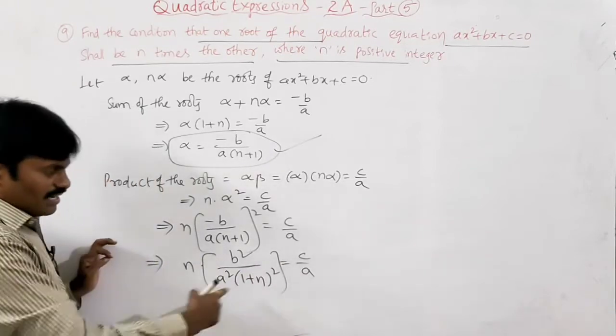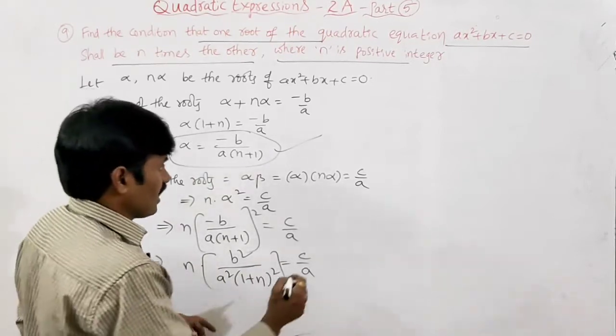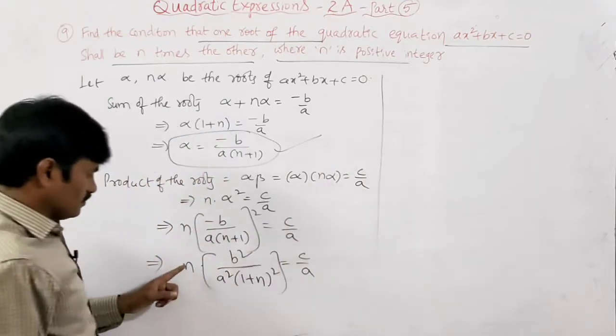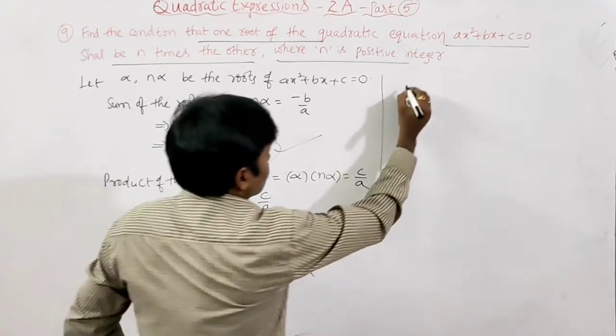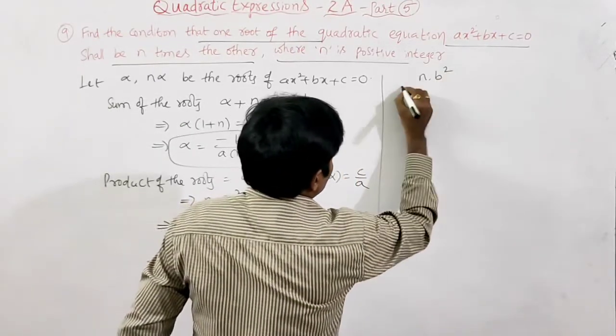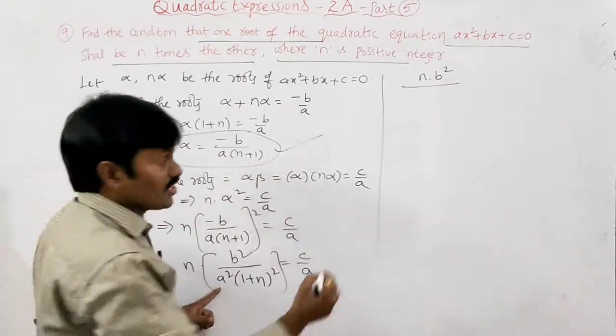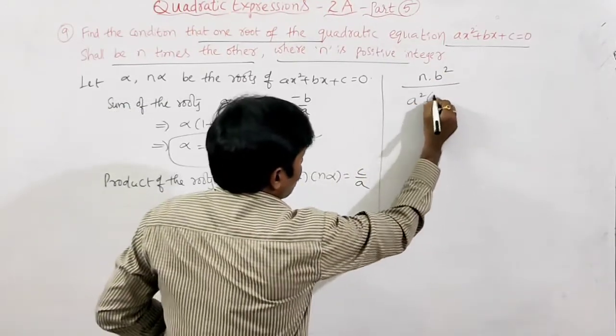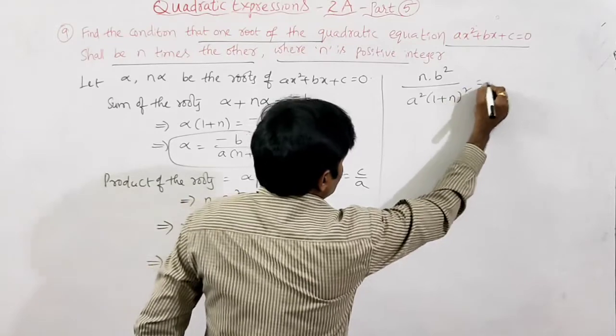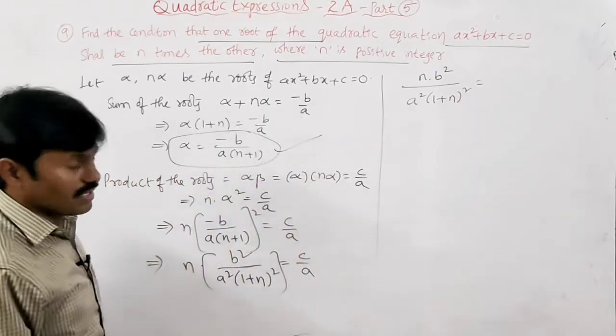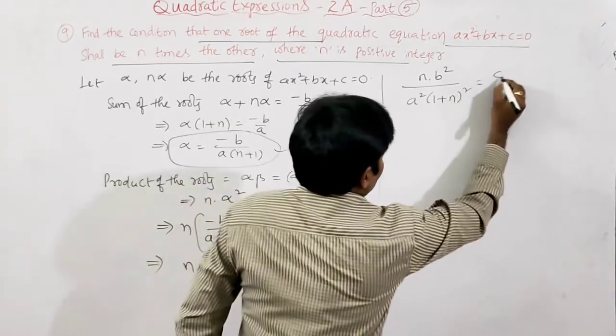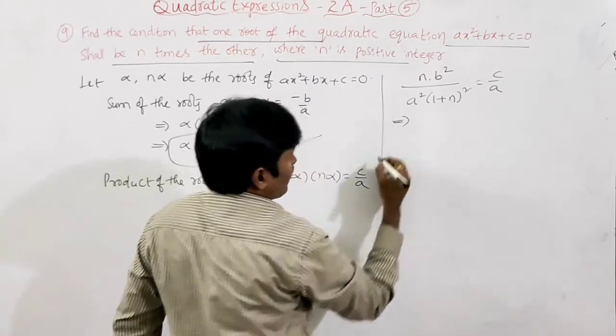Now by cross multiplication we get n b square by a square into (1 plus n) whole square is equal to c by a.